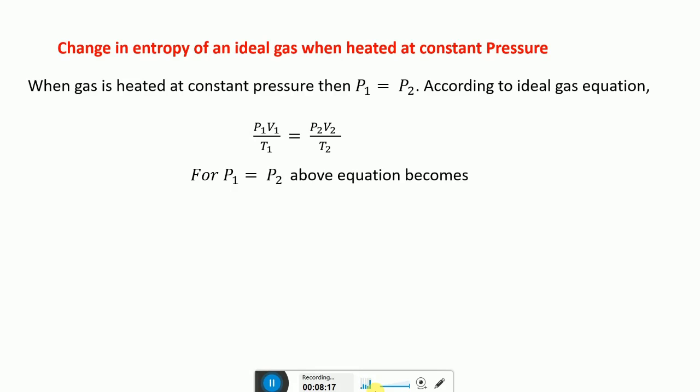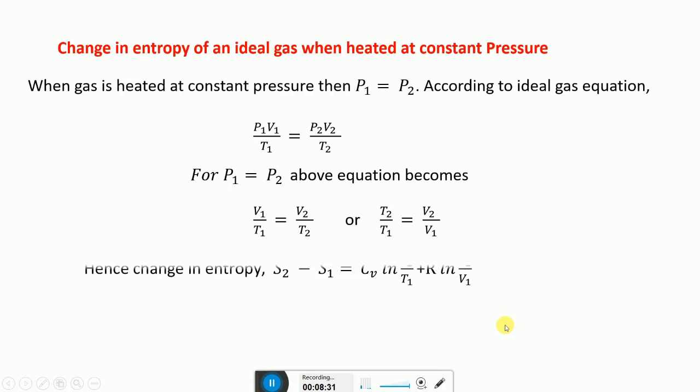For P1 equal to P2, the above equation becomes, as P1 is equal to P2, they get cancelled, and we get only V1 upon T1 is equal to V2 upon T2. Therefore, the equation for change in entropy, S2 minus S1 is equal to Cv log T2 upon T1 plus R log V2 upon V1 becomes, instead of T2 upon T1 we can substitute V2 upon V1.